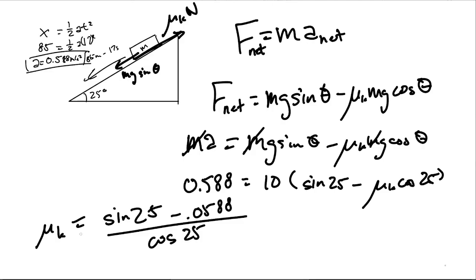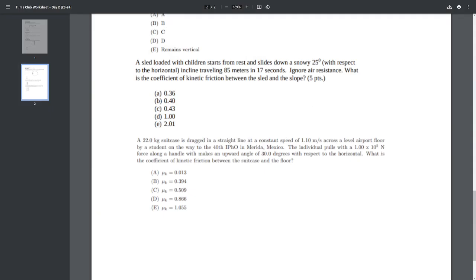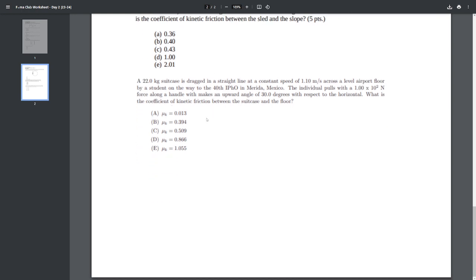Another thing we can do, we can just get to this spot and plug in the equation and see which answer choice fits, right? And that just saves a little bit of time, unless it doesn't, in which case boo-hoo. But we just established that this is going to be answer choice b, 0.4.